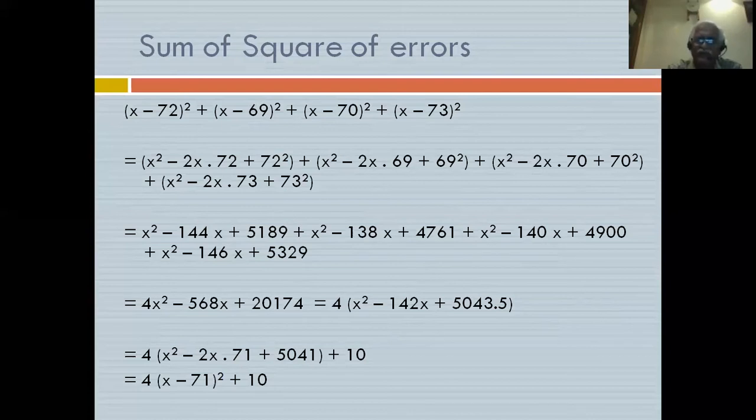Then x square minus 2x into 69 plus 69 square. Same with 70 and 73. Now we got a big value, that is 4x square minus 568x plus 20174. If you take 4 common, we get 4 times (x square minus 142x plus 5043.5).